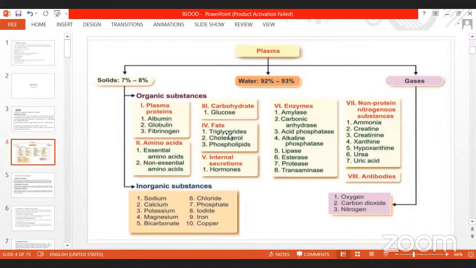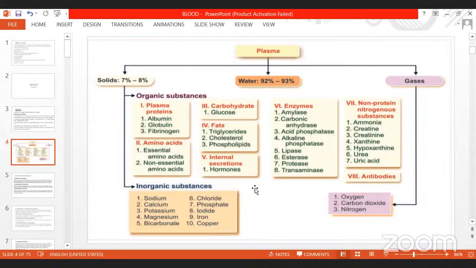Fats, that is triglyceride, cholesterol, and phospholipids. Internal secretions like hormones, enzymes, non-protein nitrogenous substances like ammonia, creatinine, creatine, xanthine, hypoxanthine, urea, and uric acid. Also, antibodies are present in the plasma. And the inorganic substances we can detect are sodium, calcium, potassium, magnesium, bicarbonate, chloride, phosphate, iodide, iron, and copper.